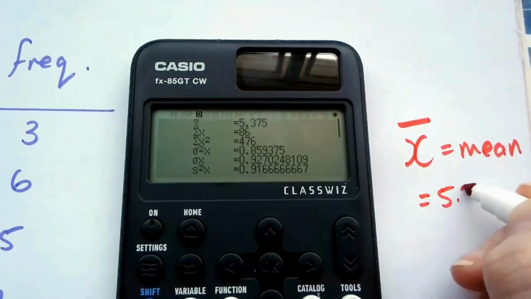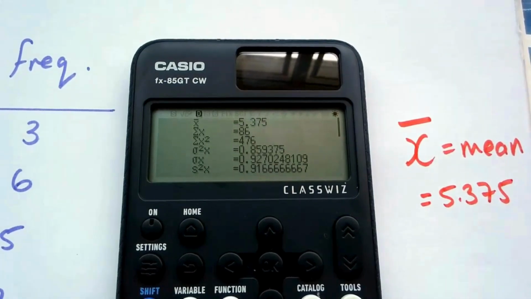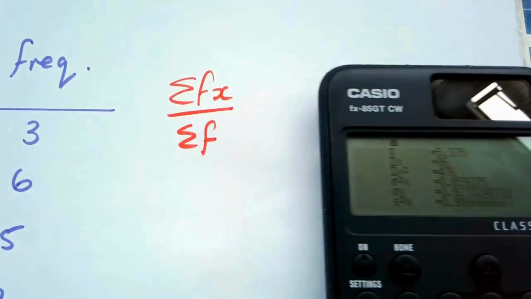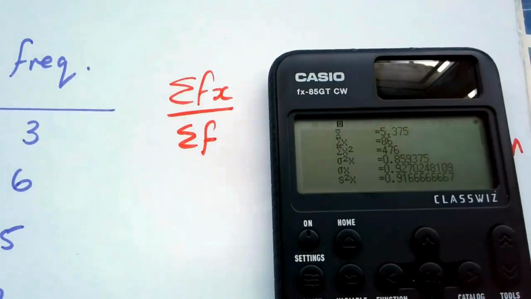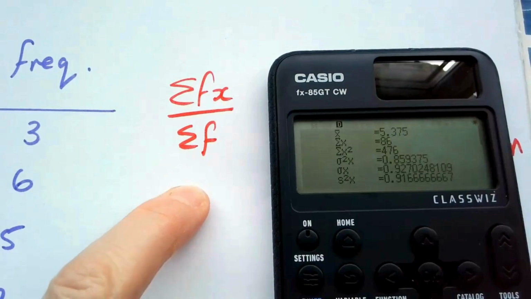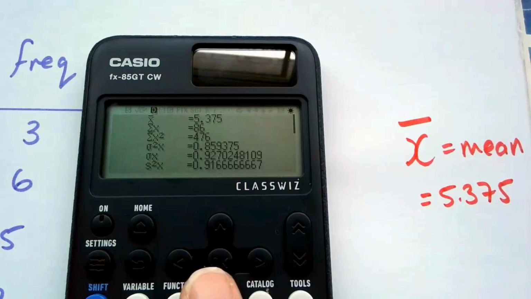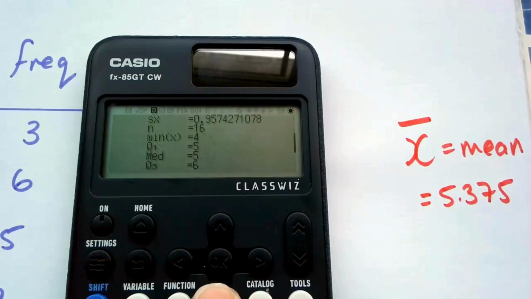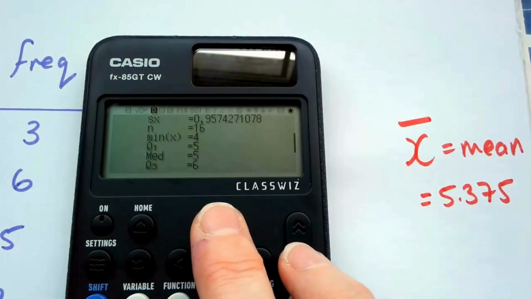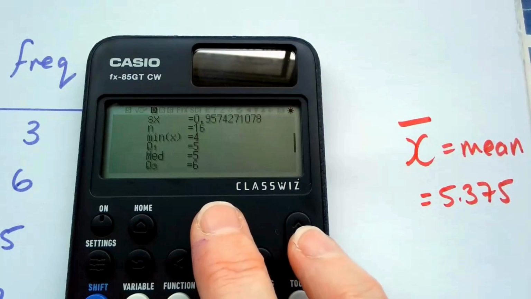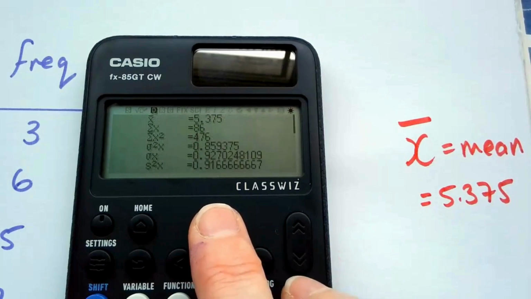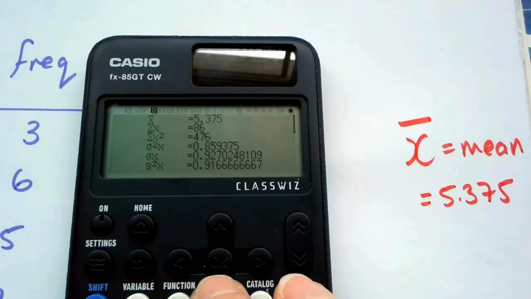So it's 5.375. Now, in the exam, when you're showing your working out, as I mentioned before, you need to use this formula to work out the mean. So let's see if the calculator has given us that anywhere. If we scroll down, we get a lot of different values: median, and so on.